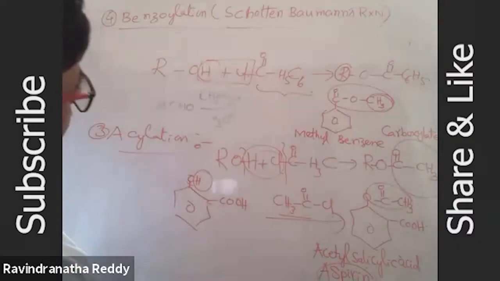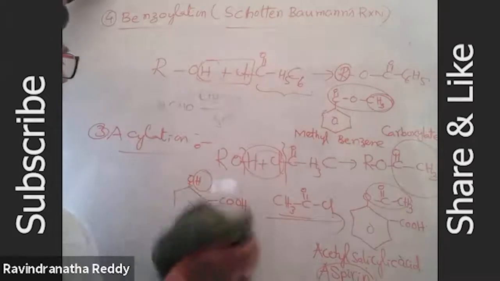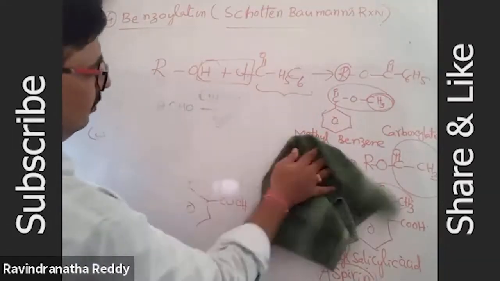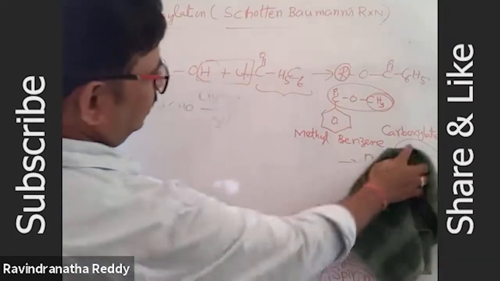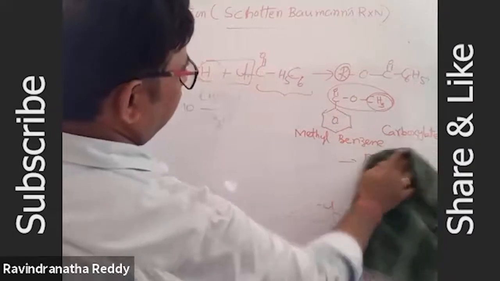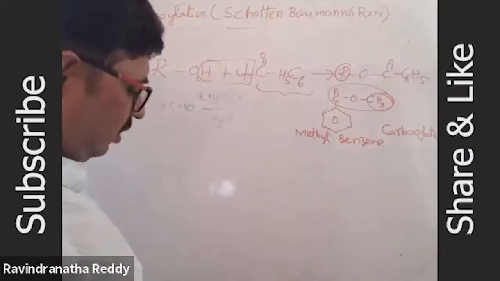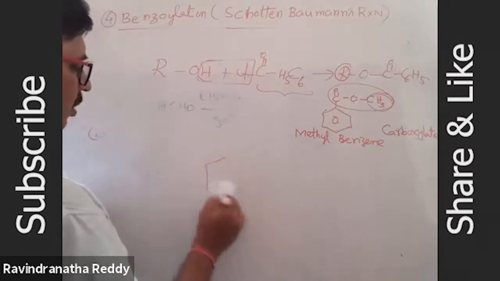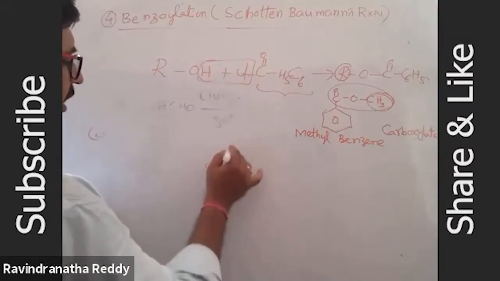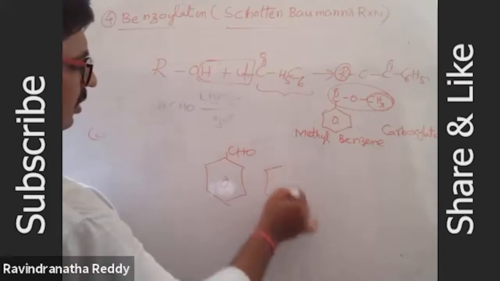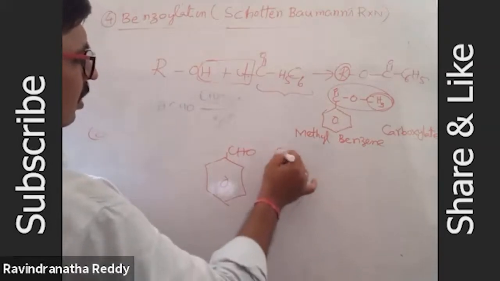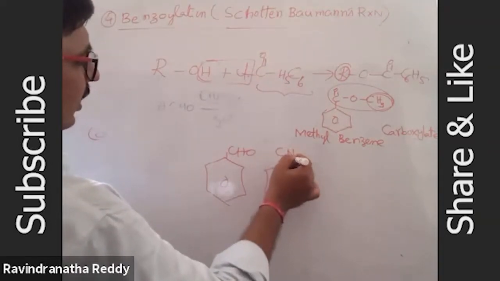So on the benzene ring, suppose there are functional groups with carbon. In that condition we get special names. On the benzene ring, CHO means benzene carbaldehyde. On the benzene ring, CN is benzene carbonitrile.